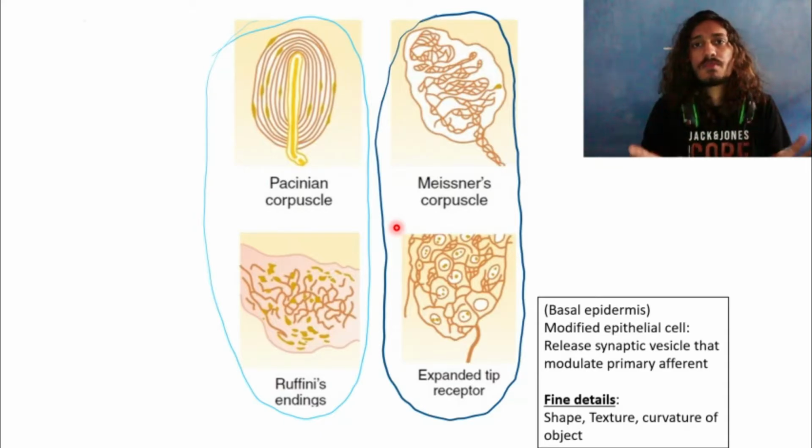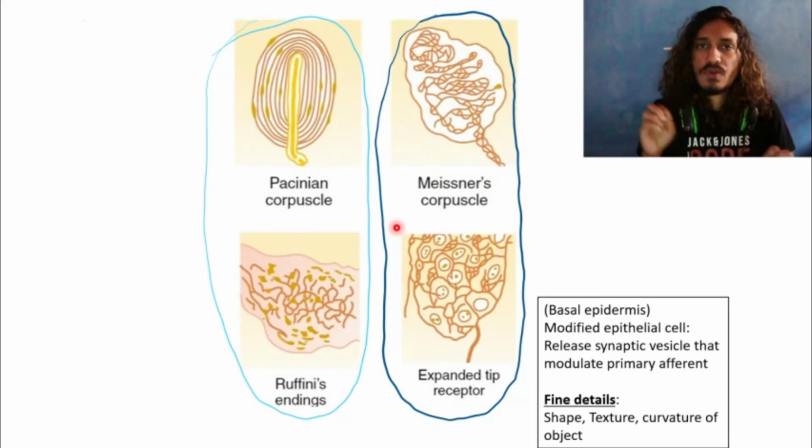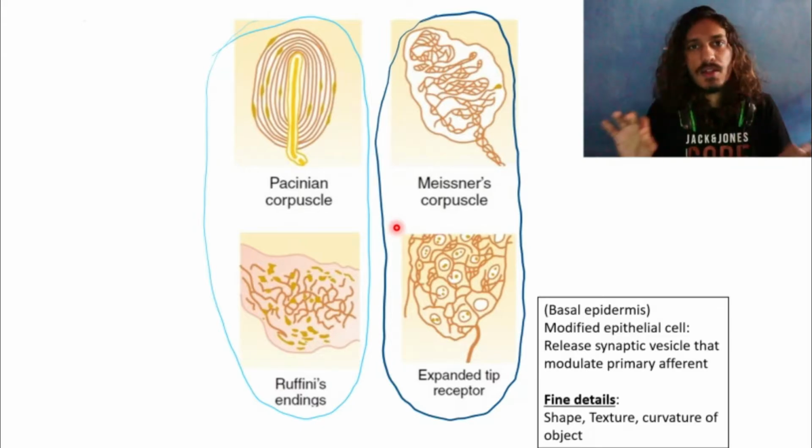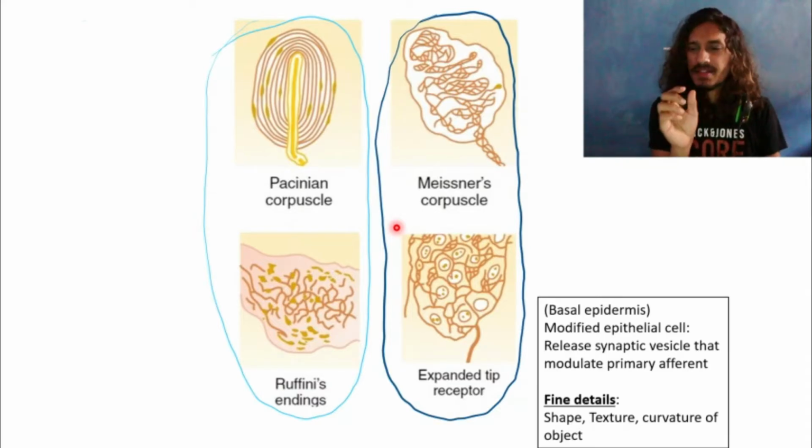In this Merkel's complex, with touch, they release neurotransmitter, which stimulates the afferent terminal. This is slow adapting, as we already established. This helps you understand fine texture.